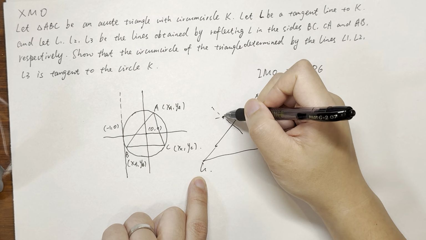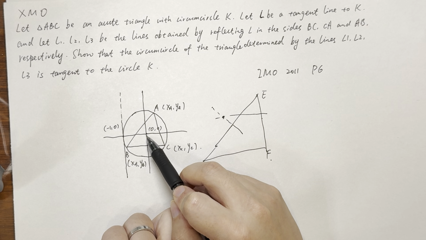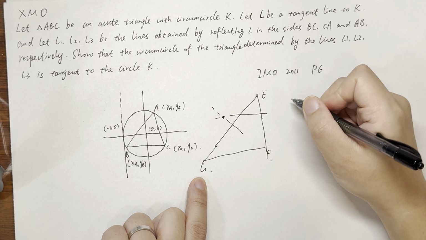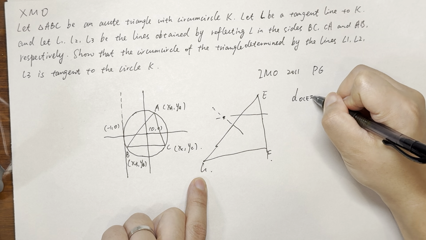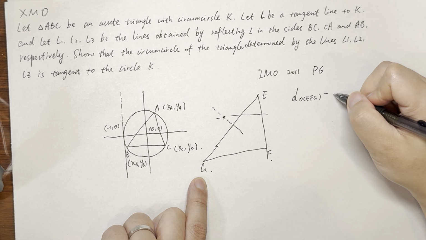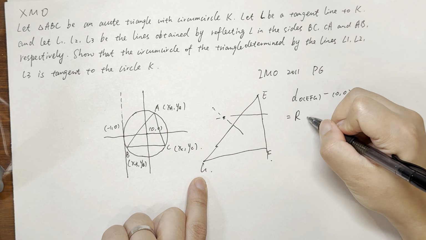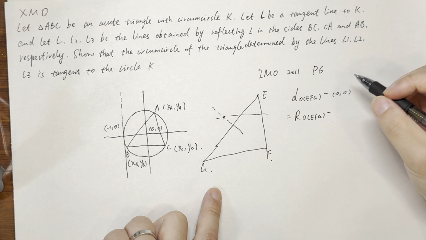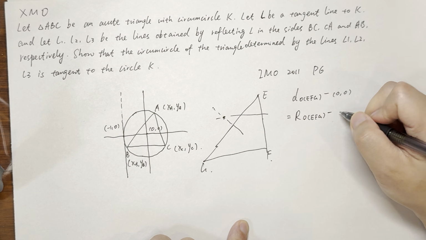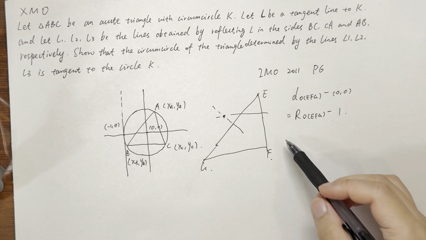Then we find the distance from the circumcenter to the origin, which is the distance O_EFG minus (0, 0). It should equal R_EFG minus 1, because we assume that this is a circle with radius 1. We just need to prove that.